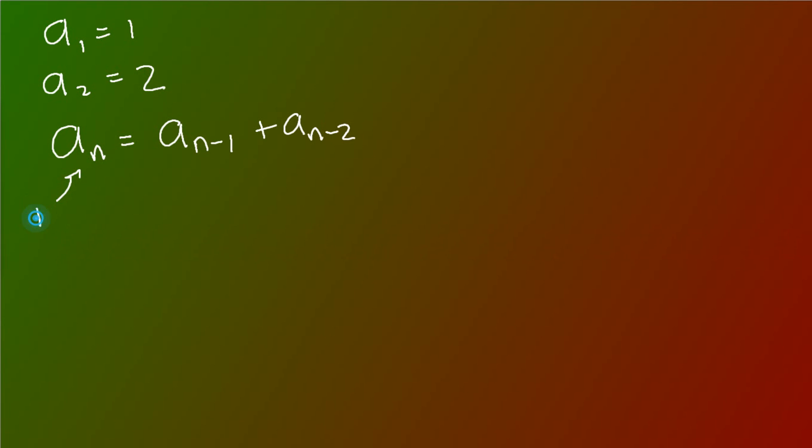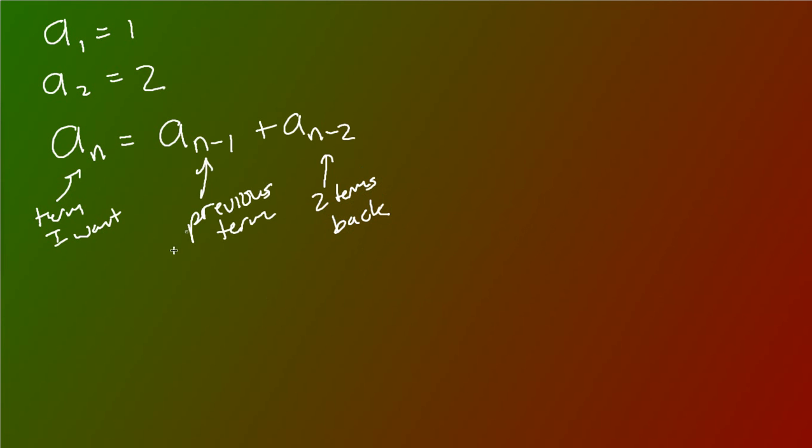So this is the term I want. And this is the previous term. And this right here would be back 2 terms. So I already know A1 and A2. So I have 1, 2. And now what I'm doing with these, I'm adding.